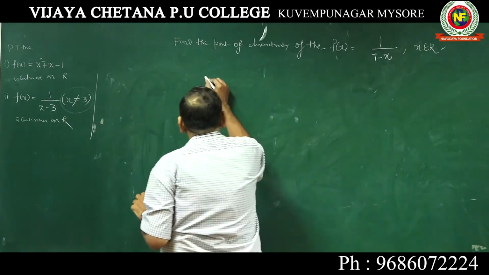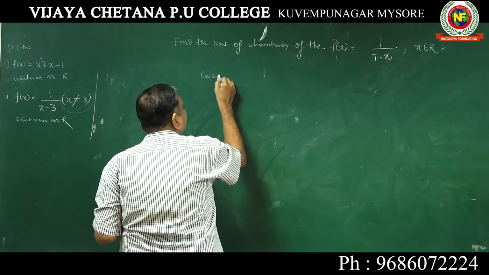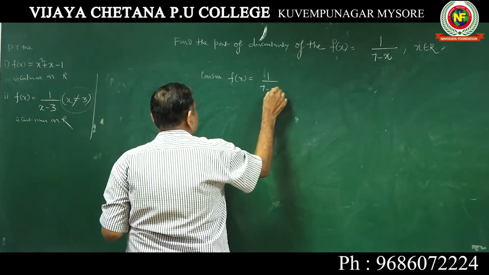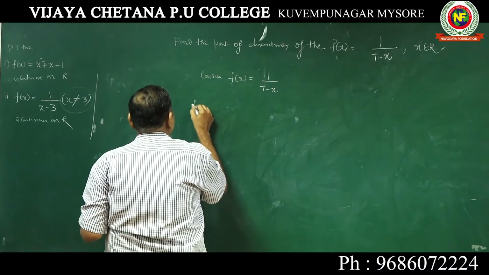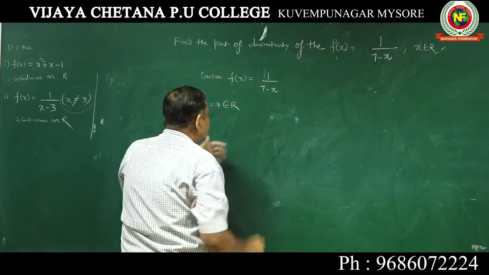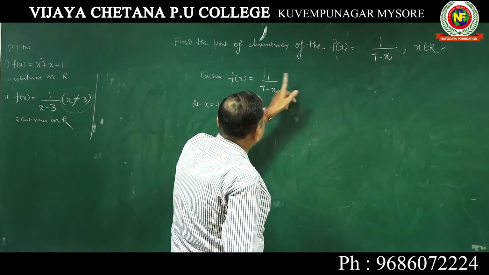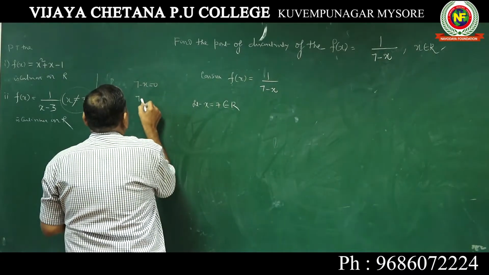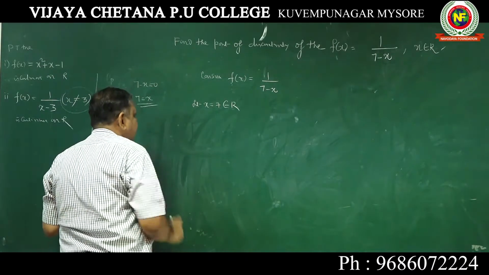Now, how to do this problem? Consider like this. If they ask f of x is equal to 1 over 7 minus x, let x equal to 7 belonging to R. To get 7, put 7 minus x equal to 0, or 7 equal to x. This is how you should get the value.